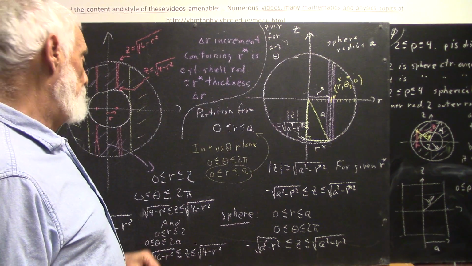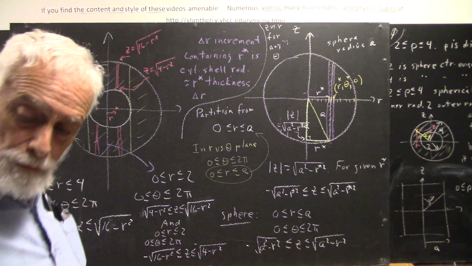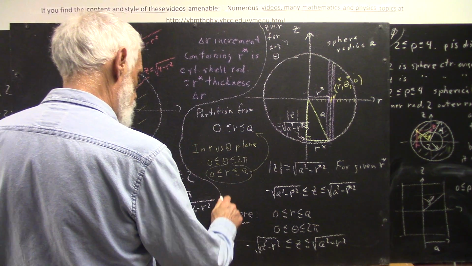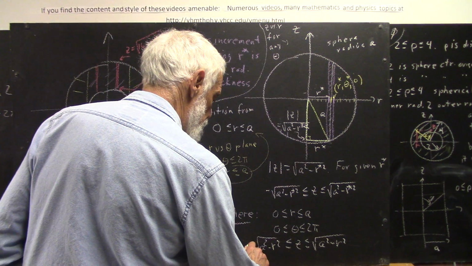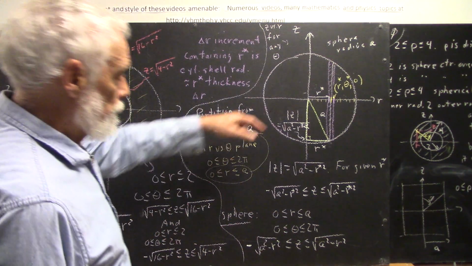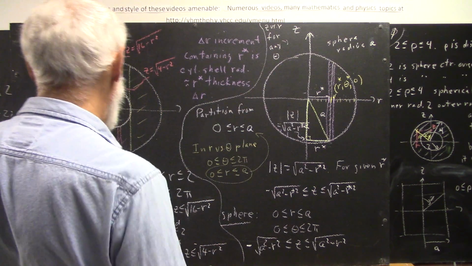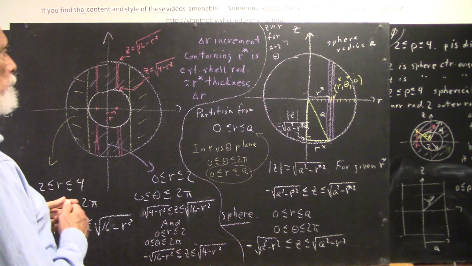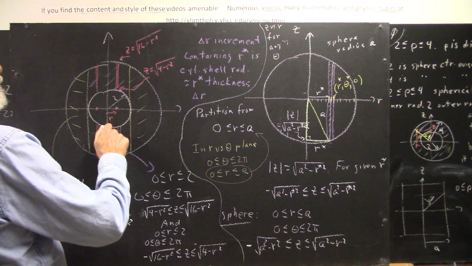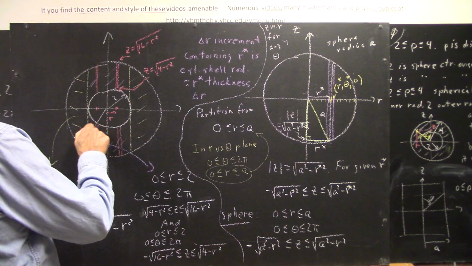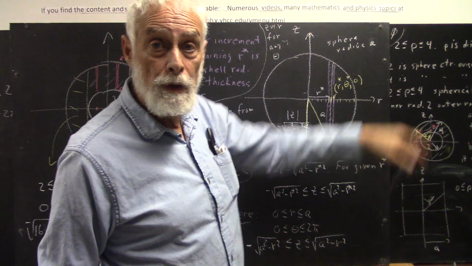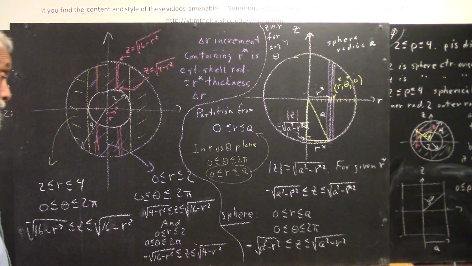Now we want to move on, having seen how to describe any old sphere centered at the origin. We want to think in terms of two specific spheres: the sphere of radius 2 and the sphere of radius 4 that we've been dealing with up to this point.